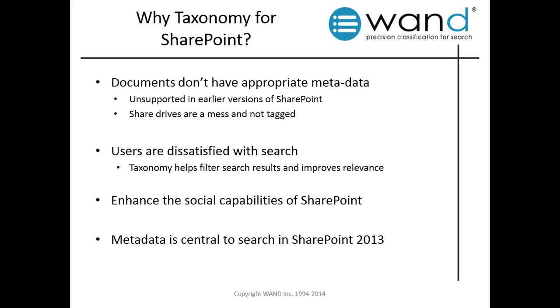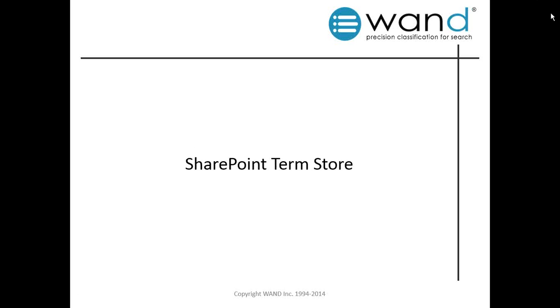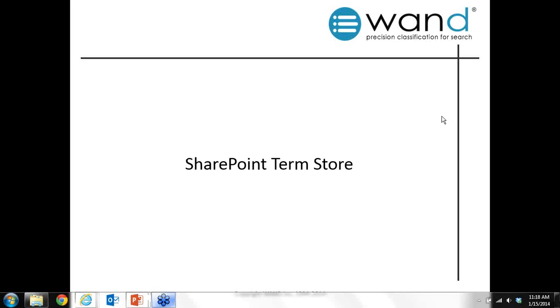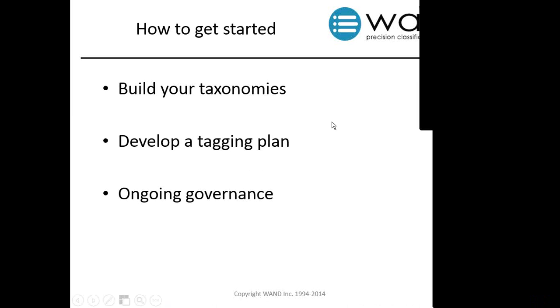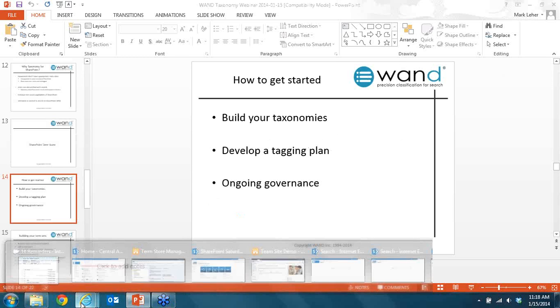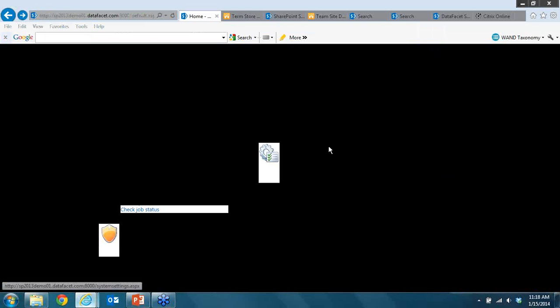So the search in SharePoint 2013 can benefit and really, in many regards, is driven by metadata more than ever before. So if you're serious about SharePoint, it really makes sense to invest the time in taxonomy. With that, I'm going to exit these PowerPoint slides and we'll go over to our demonstration.